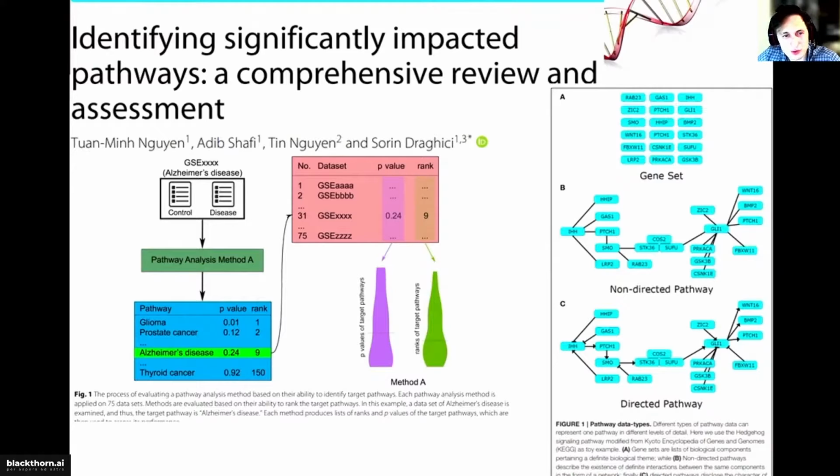So overall, when we are talking about pathway analysis, there are two types, but the second type we can divide into two subtypes. The first type is analysis which preserves gene sets, but doesn't preserve connections between them.